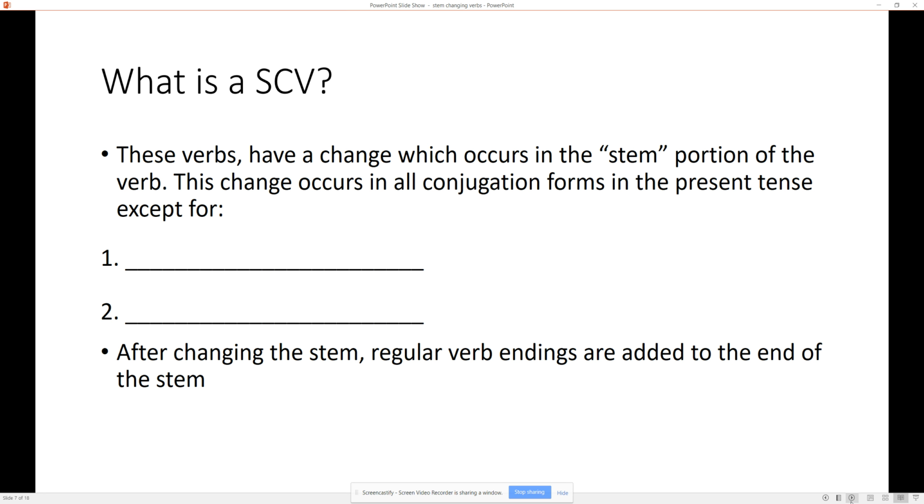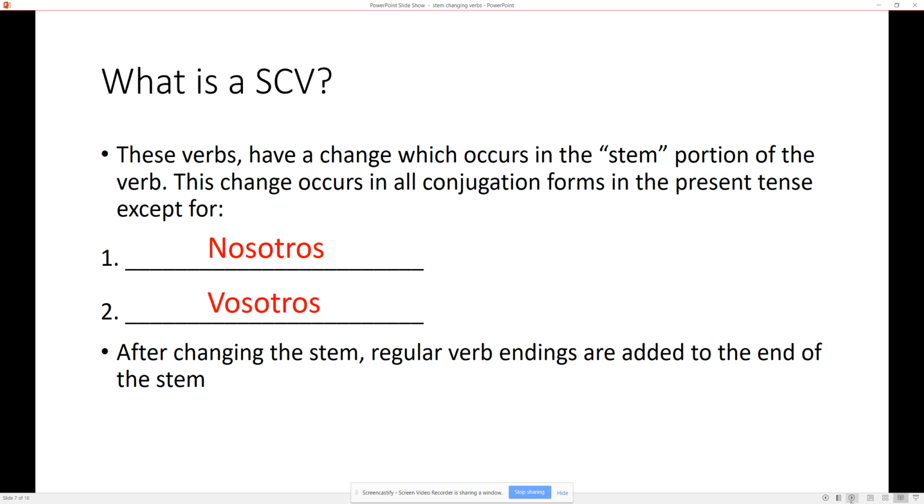So this means with a verb like cantar, we are going to drop the AR and the CANT is going to be our stem. Usually that's the part of the verb that does not change. However, we're going to see a slight change when we use nosotros or vosotros.